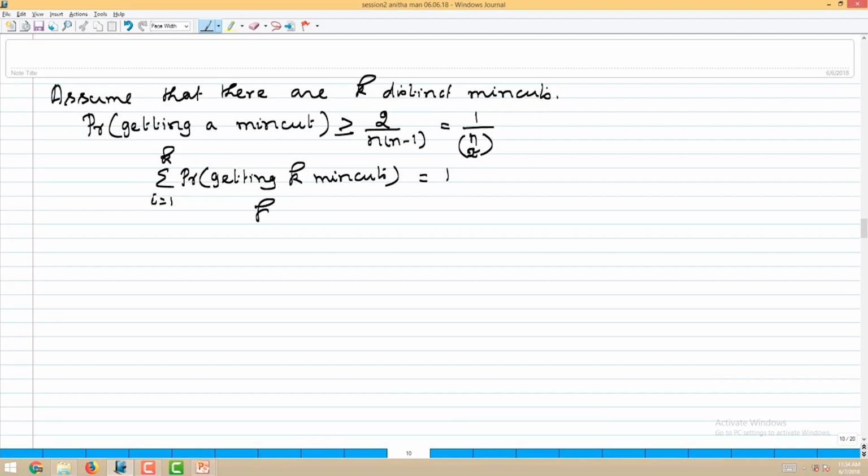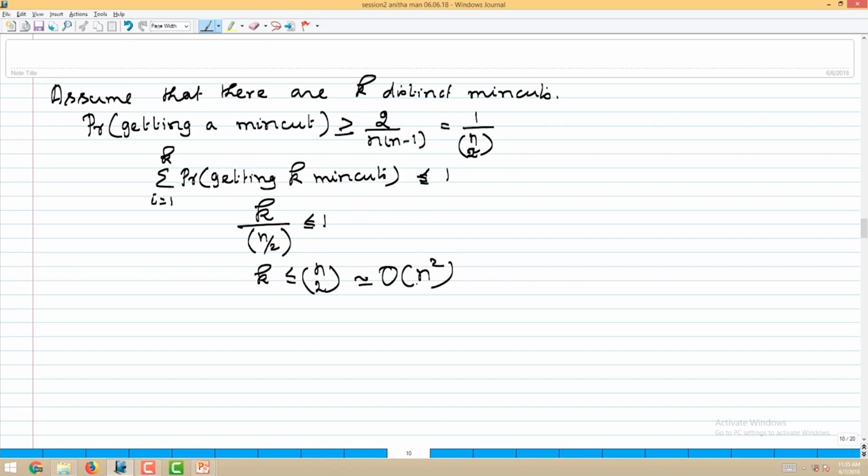So, it is k into 1 by n choose 2 is at most 1. Okay, maximum. Always it need not be exactly k value. So, k is less than or equal to n choose 2, which is order of n square.